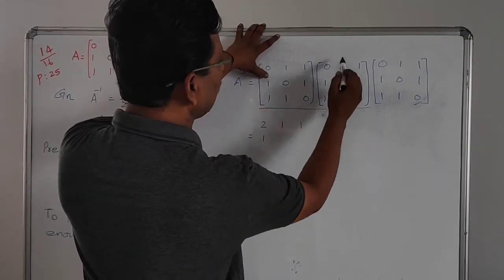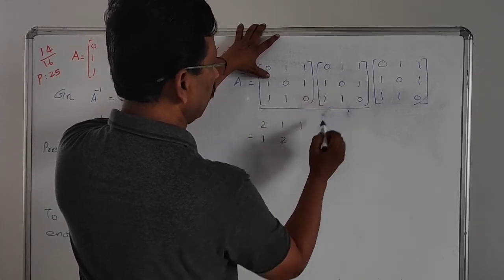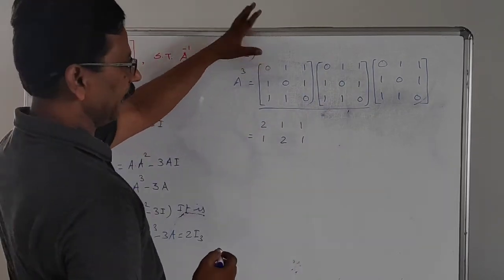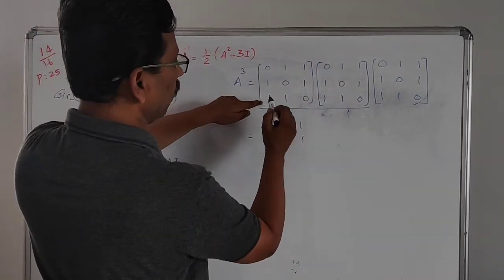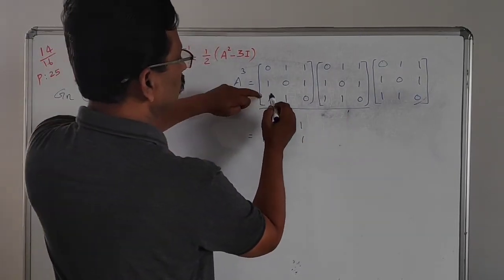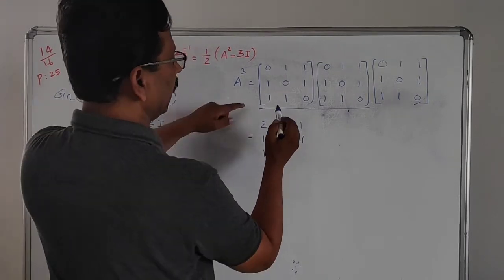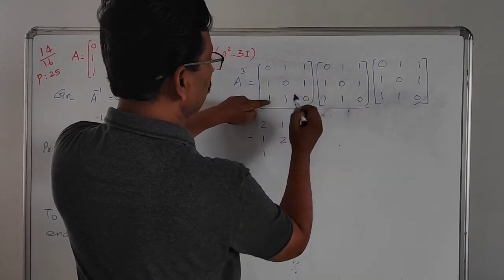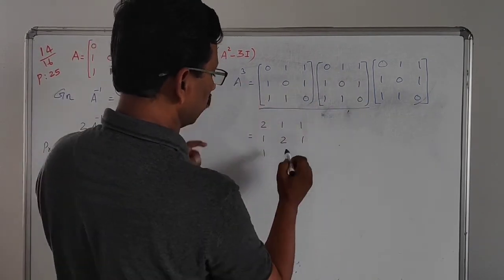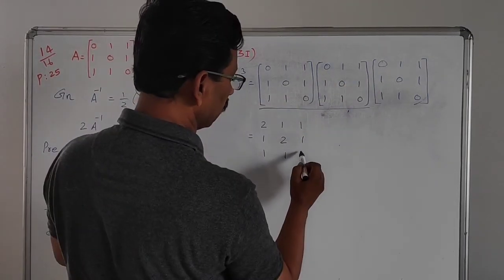Then second row second column 1, 0, 1 you can get 2. The next one will also be equal to 1. Then again third row first column 0, 1, 1, this is 0 plus 1 plus 0 gives 1. Then again third row second column 1 plus 0 gives 1. Then third row third column 1 plus 0 gives 2.